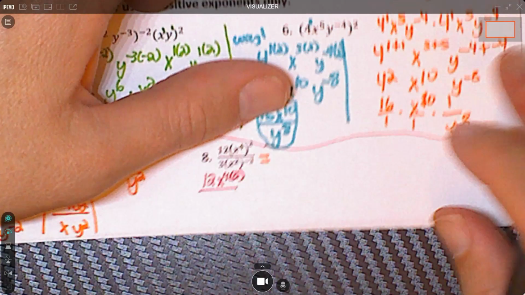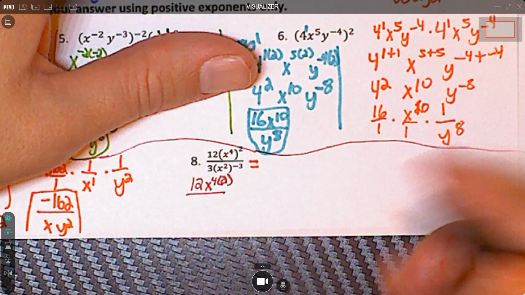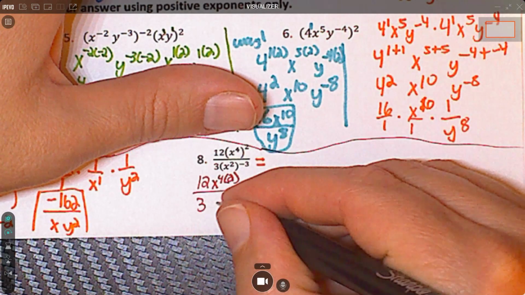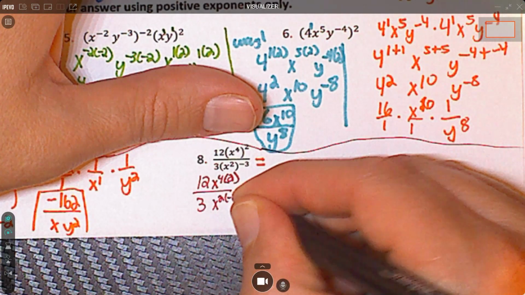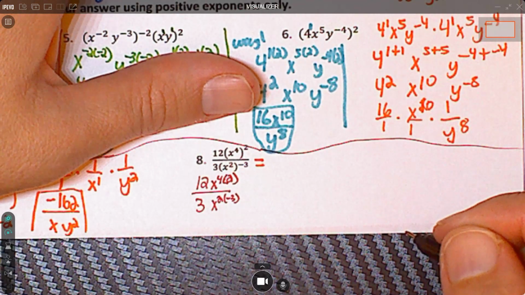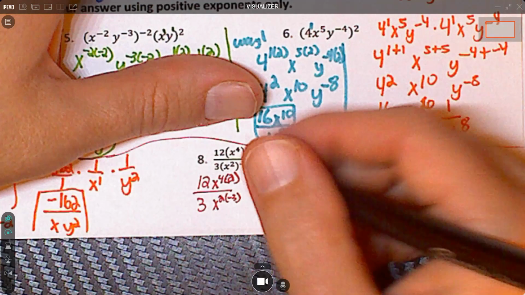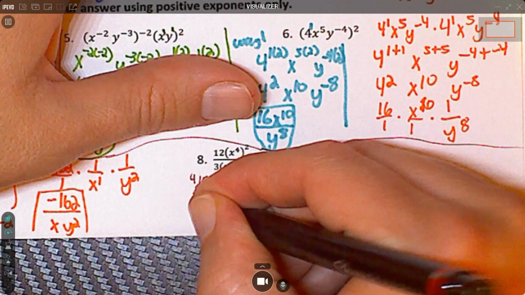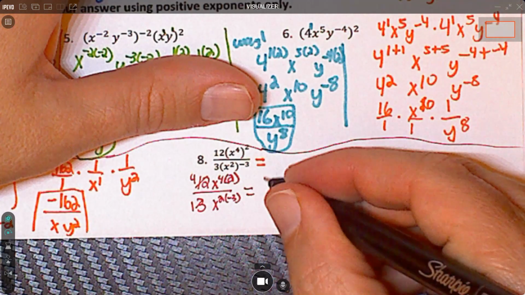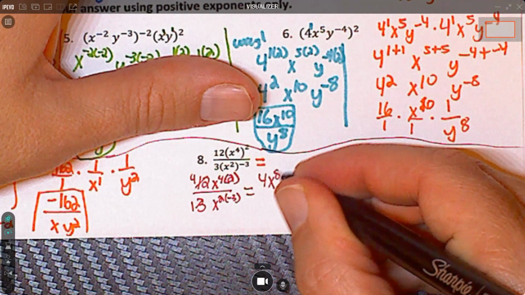Remember, the parentheses means multiply. That's the way I'm going to teach it this year and see if it helps. So x to the 2 times negative 3. So that way you know, hey, I'm multiplying when I power to a power. 3 goes into 12 4 times. Now I've got 4x to the 8.